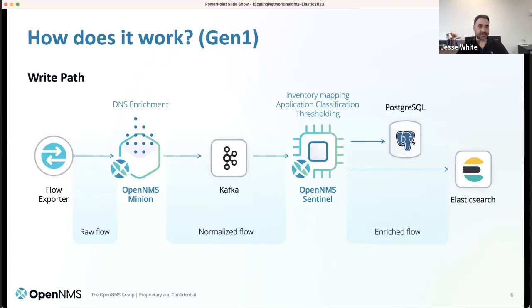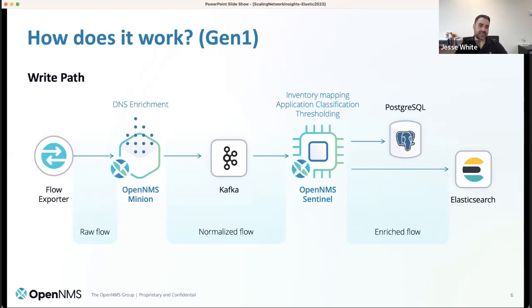And we're also able to perform thresholding on it. So looking at things like, if backup traffic exceeds a certain percentage of the link, then generate an alert, right? So those are some functions done by Sentinel. And then finally, the flow records get indexed into Elasticsearch. Right, so that's the full write path and the journey they go on.